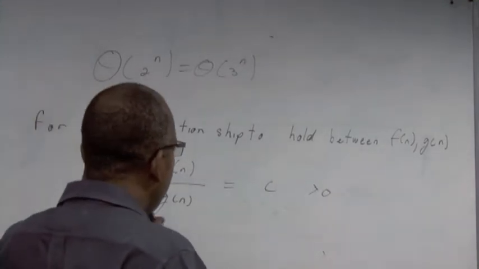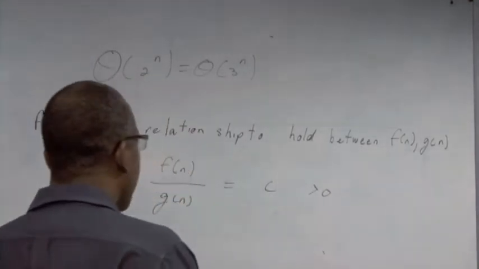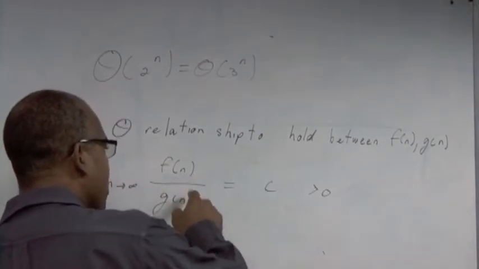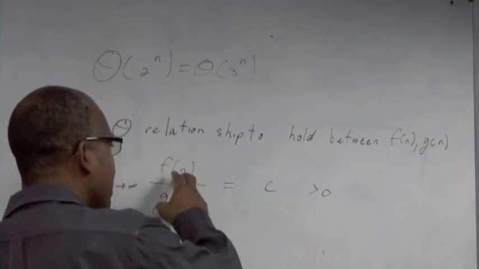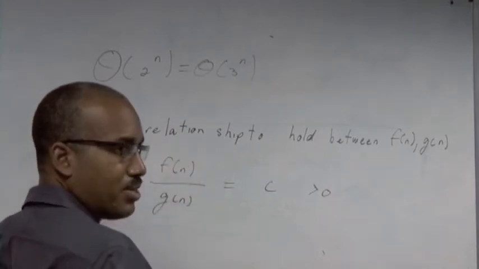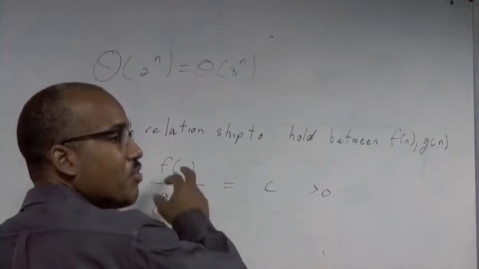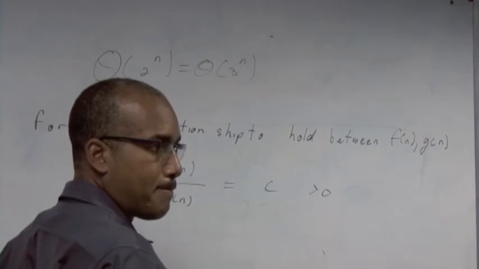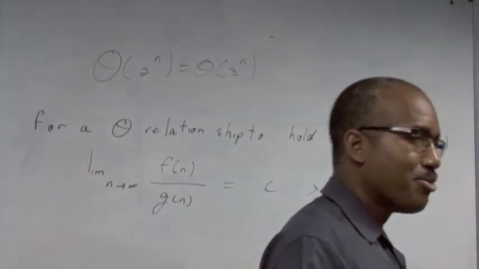If the limit was approaching 0, then f of n would have been much smaller than g of n, so f of n would have been in big O of g of n. If the limit was approaching infinity, then f of n would have been much larger than g of n, so f of n would have been in omega of g of n. Those definitions are actually in the course manual.